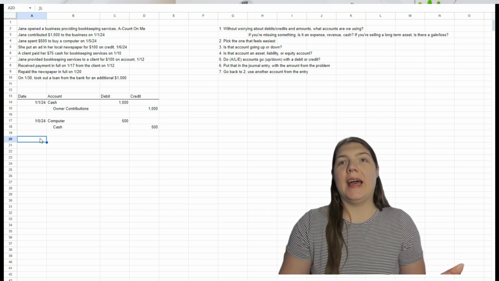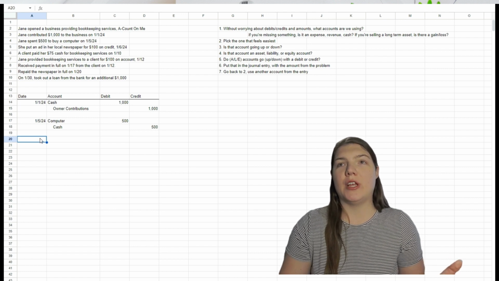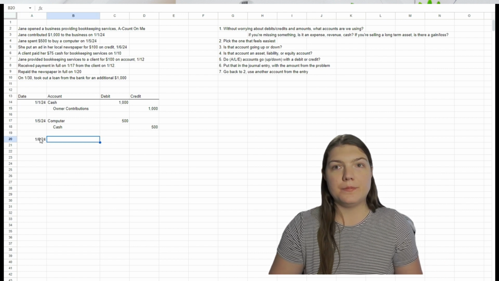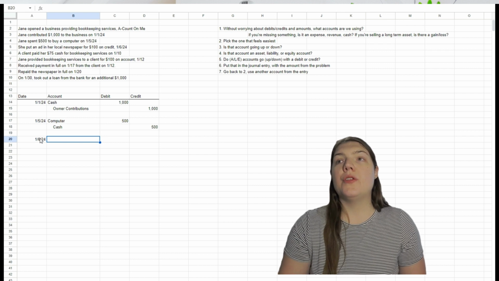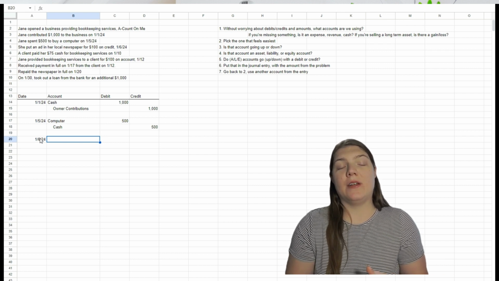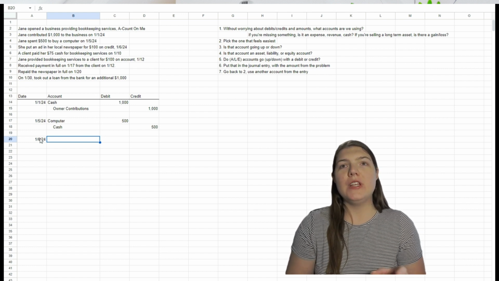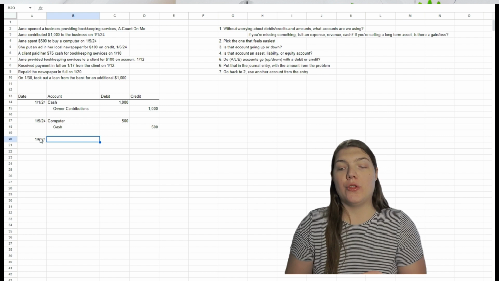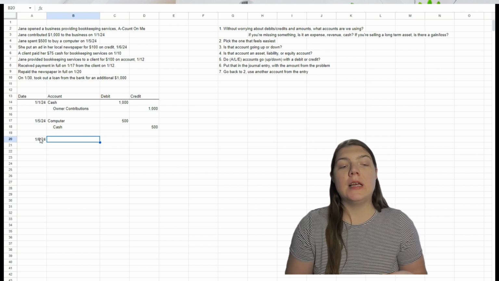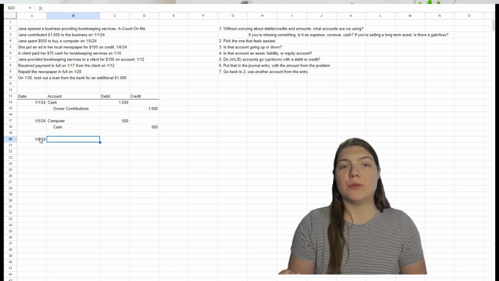Next, she put an ad in her local newspaper for $100 on credit on January 6th. So what are our two accounts? She put an ad in her local newspaper. That's an advertising expense. And then she did it on credit, so that's going to be one of the accounts. A lot of students can get mixed up with accounts payable and accounts receivable.